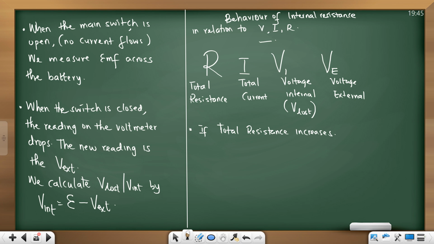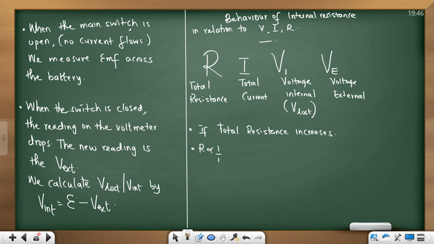We can add a resistor in series, or we can remove a resistor in parallel. Those are two things. Oh no, there are three of them. Add a resistor in series, remove a resistor in parallel, or increase the value of one of the resistors. Total resistance will increase. What is the relationship between R and I?